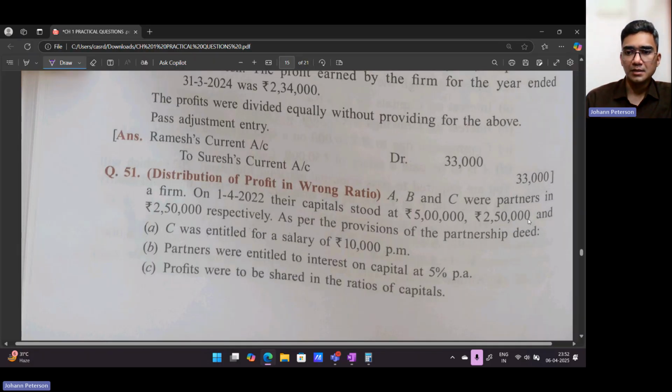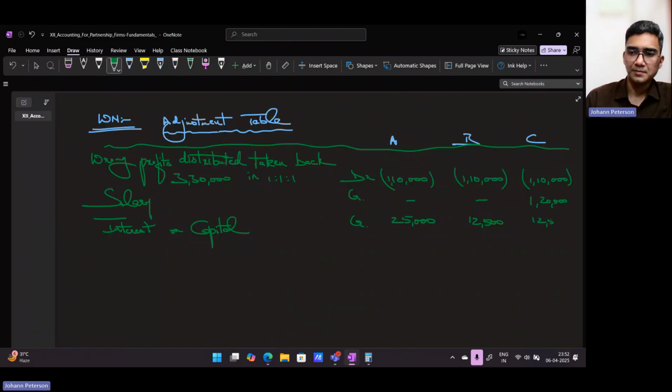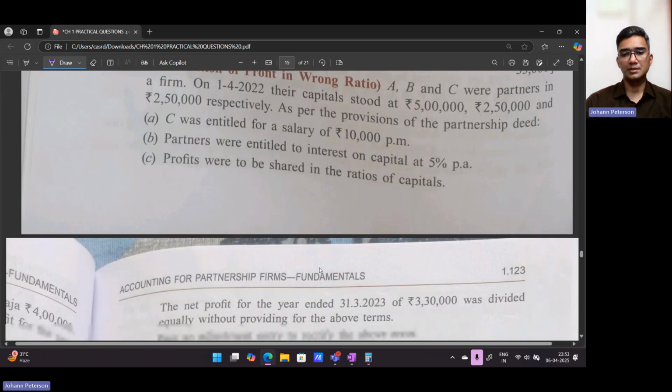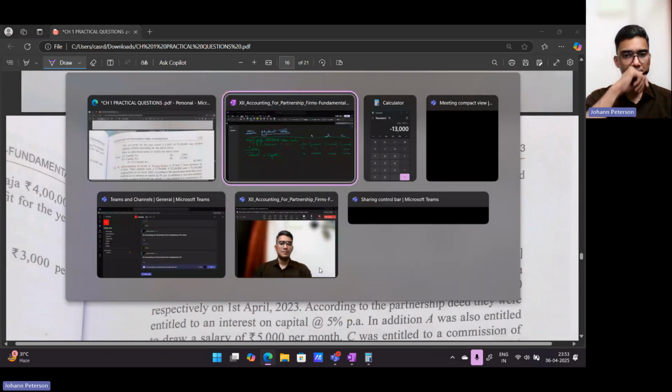For C it is again 12,500. Then, as per the provisions of the partnership deed, the profits are to be shared in the ratio of the capitals.